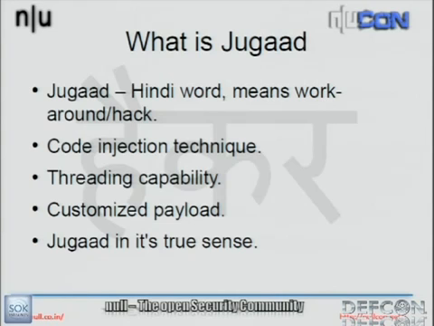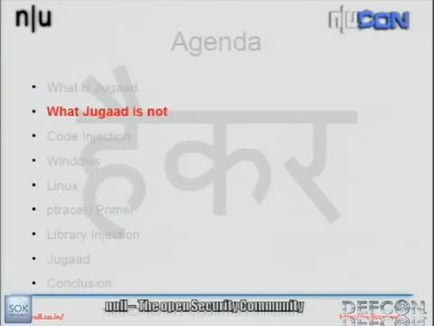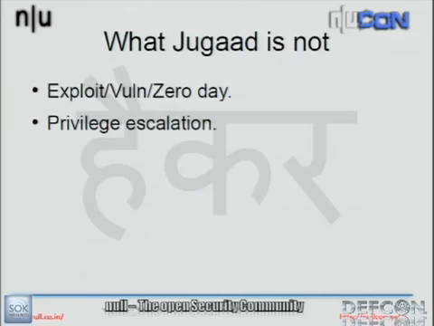Windows already provides you an API where you can remotely inject code inside another process, but it's not there in Linux or other Unix platforms. Okay, so what it is not, it's not an exploit. I won't even call it a vulnerability because it is one of the features provided by Unix operating systems.